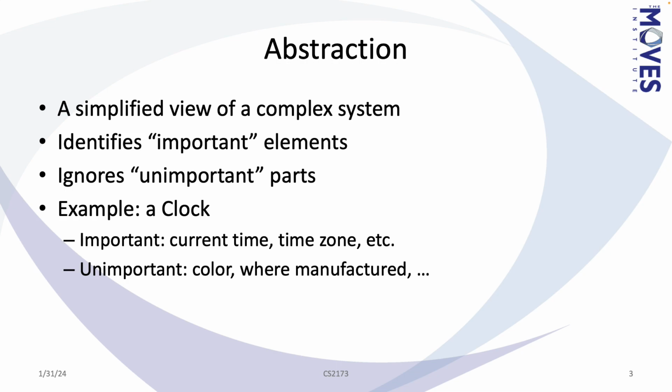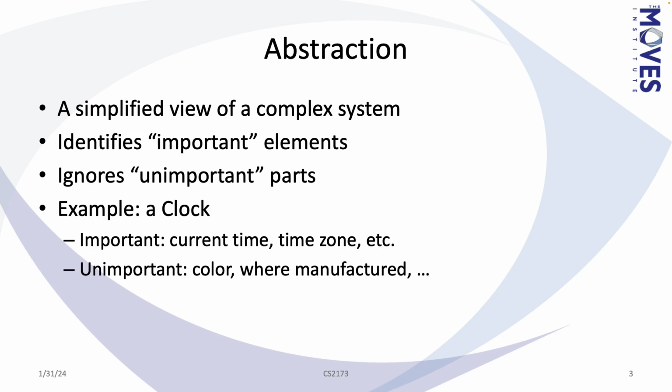So for example, if we're modeling a clock, then some of the things that are important have to do with what time is it, and what time zone are we in. Things like that. It might be, is it day or night? It can be a 24-hour clock or a 12-hour clock. Things that are unimportant: what is the color of the clock?